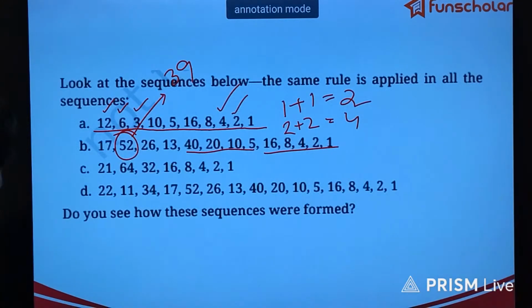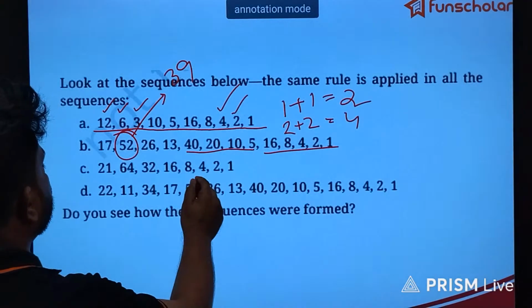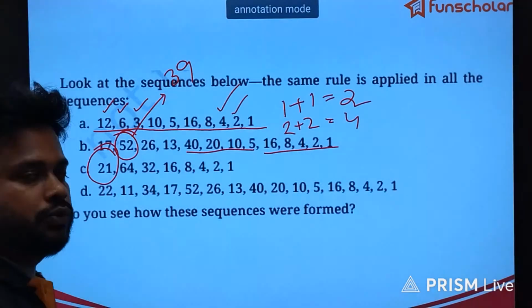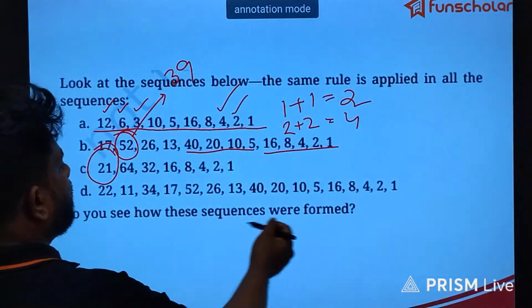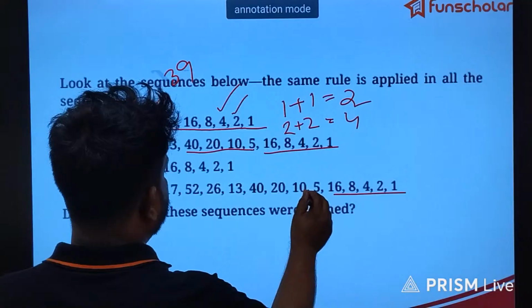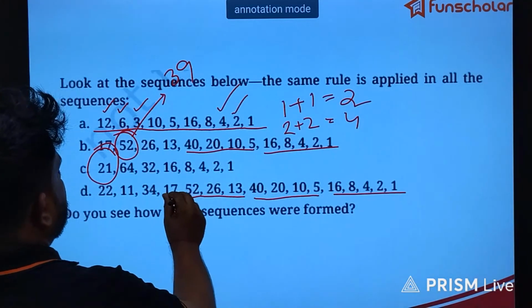Okay, the next one. So these are the sequences which are being formed. For the next case, it will be 1, 2, 4, 8, 16, 32, 64, 21 is the odd one out. The next one, 1, 2, 4, 8, 16, then 5, 10, 20, 40 done, 13, 26.